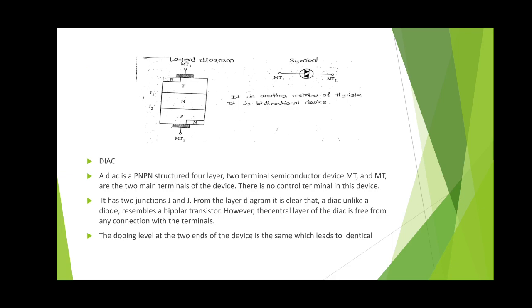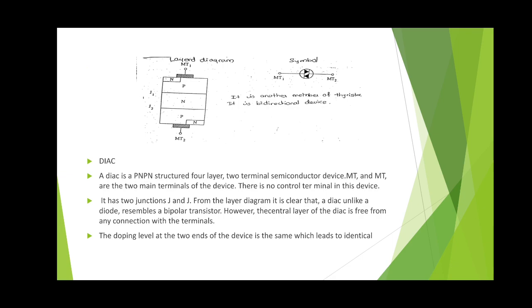MT1 and MT2 are the main two terminals of this device. This is an uncontrolled device. There is no control terminal in this device. It has two junctions J1 and J2. So from the layer diagram, it is clear that unlike the diode, it does not resemble a diode, but it looks like the bipolar transistor.